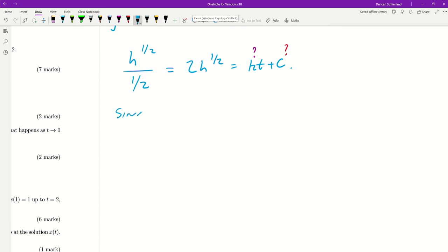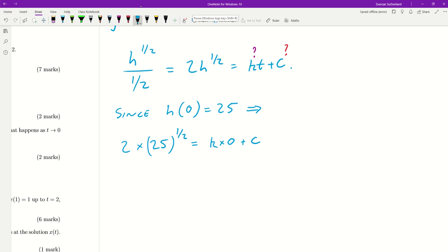Since h0 equals 25, that implies 2 times 25 to the power of a half, square root of 25 is 5, equals k times 0 plus c.